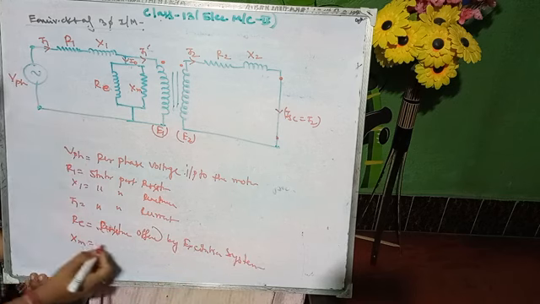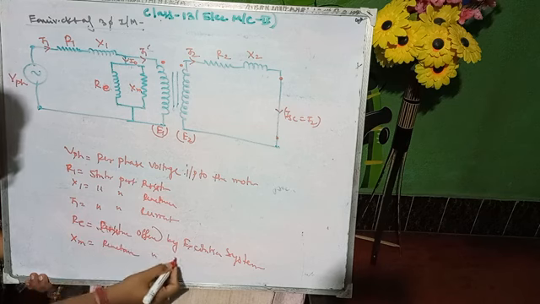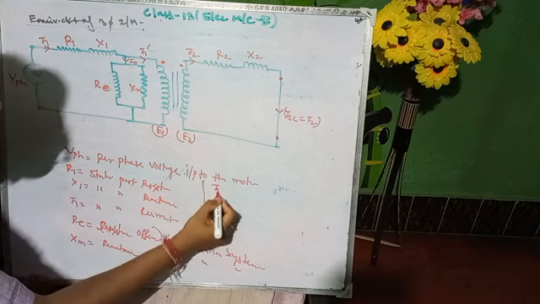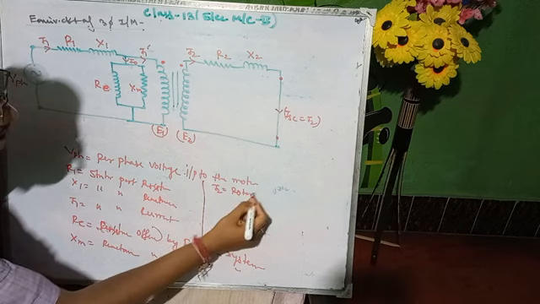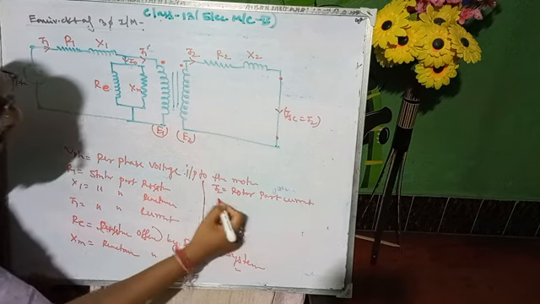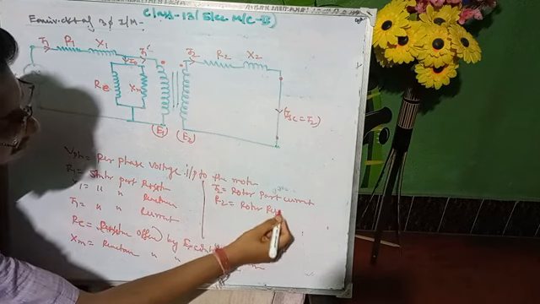and Xm equals the reactance offered by the excitation system. Similarly, I2 equals the rotor current, R2 equals the rotor resistance, and always remember all the terms are per phase.